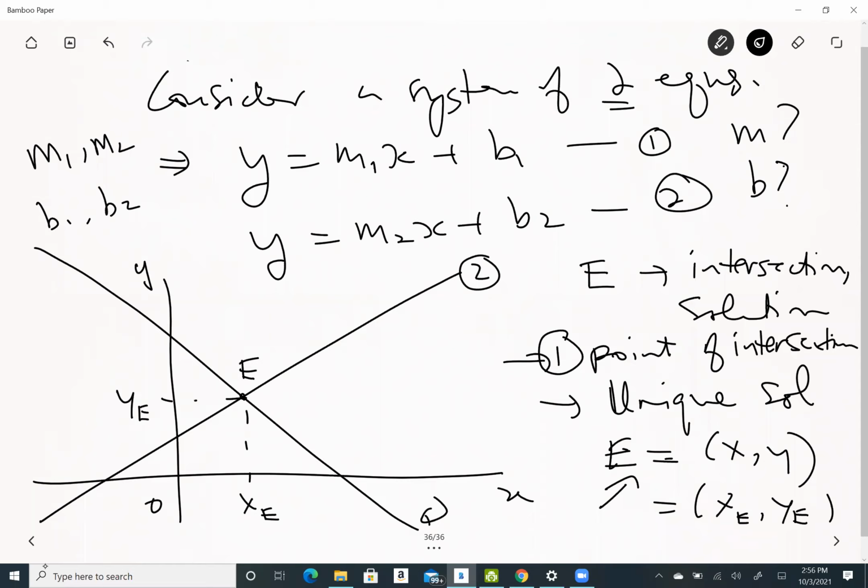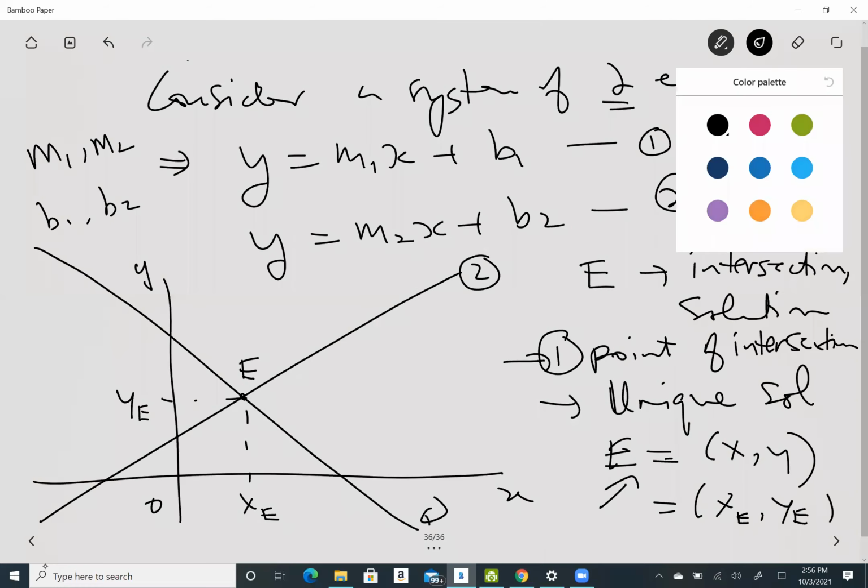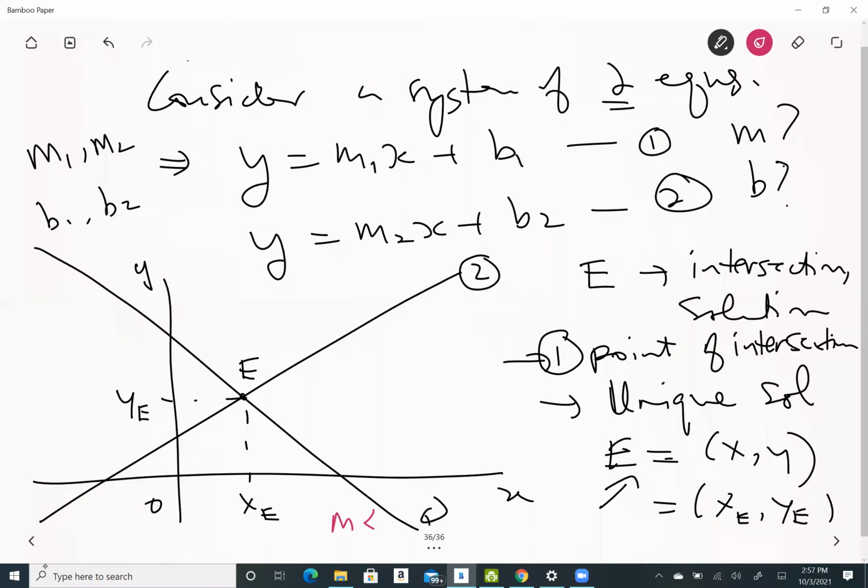One is positive, one is negative. So here you will see the slope of one line, this one, the line number one, the slope is negative. And here the slope is positive. Okay, all right. Now what about B? B1 and B2?